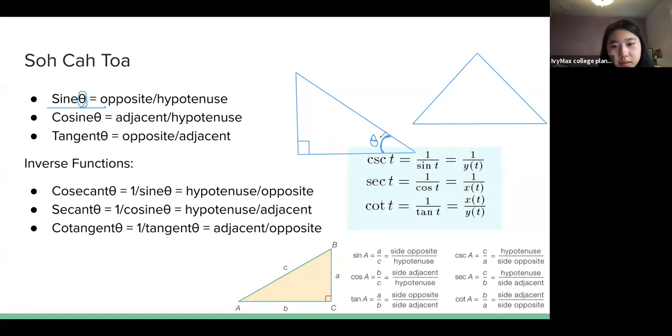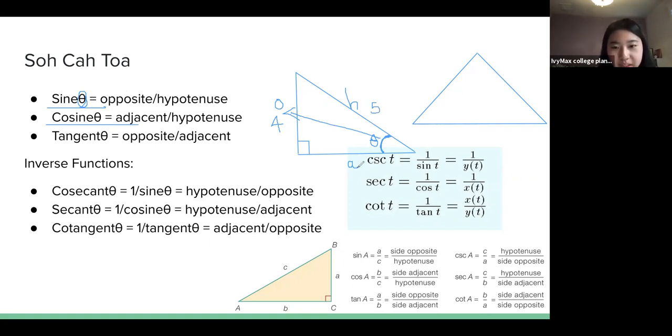For this one, the opposite side is right here, so this is the opposite and the hypotenuse, and here is the adjacent. Sine is opposite over hypotenuse. If we have opposite 4 and hypotenuse 5, the sine is 4 over 5.